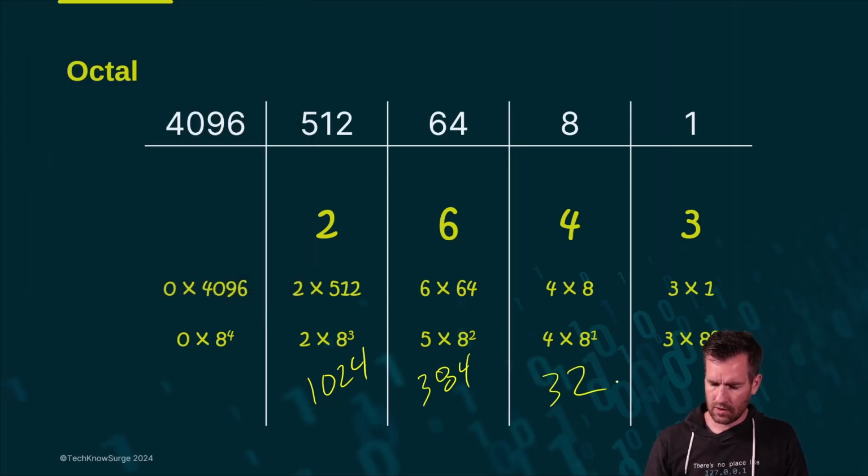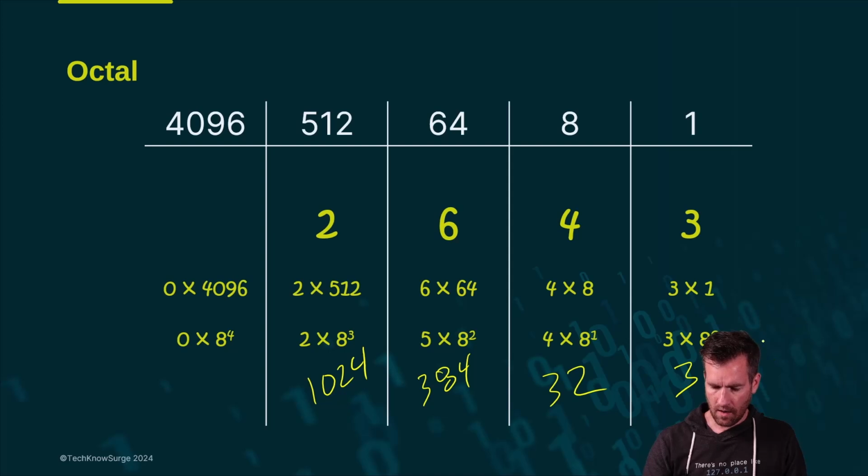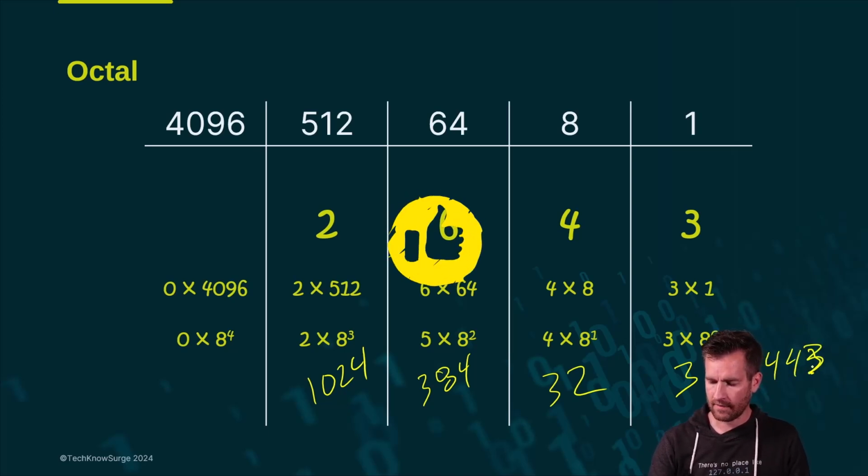And 3 times 1, which is just 3. So now we can add those together. So 32 plus 3 plus 384 plus 1024. And what we come up with is 1,443. So that's how you would actually do that conversion.